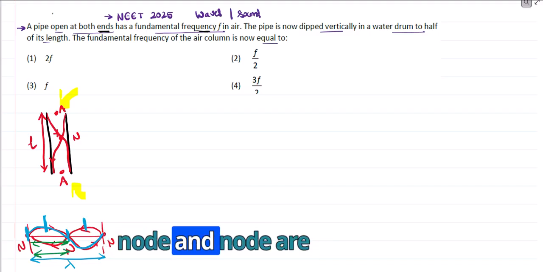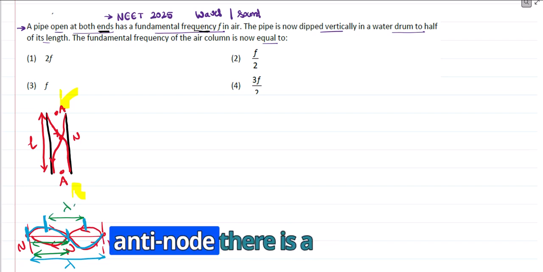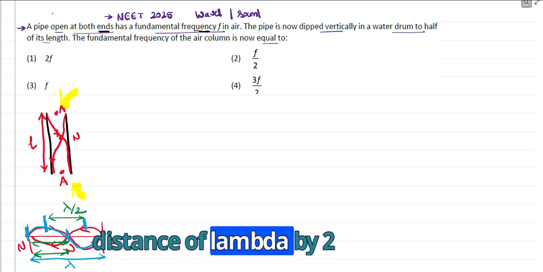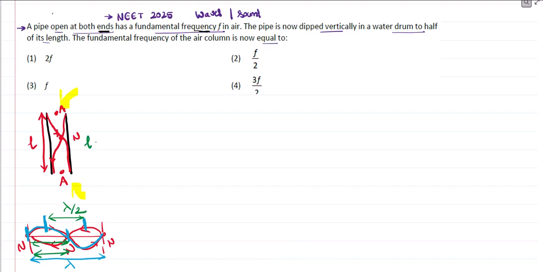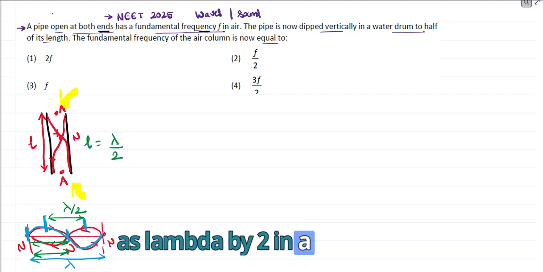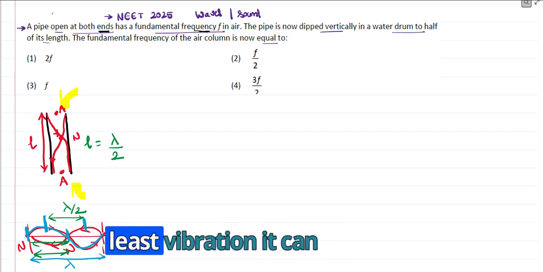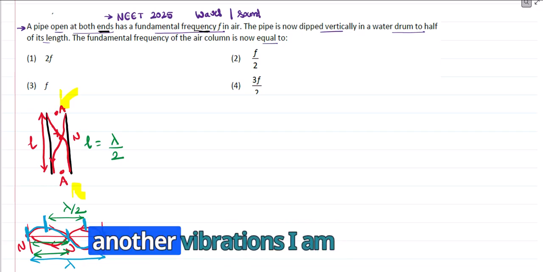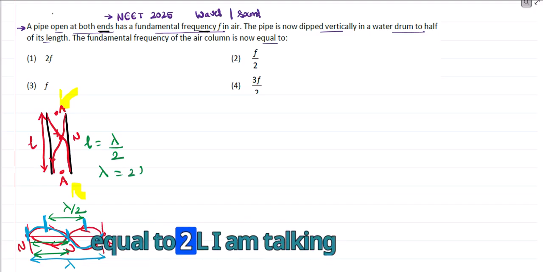So between node and node, or between antinode and antinode, there is a distance of lambda by 2. So the entire length is lambda by 2 in the fundamental mode of vibration, the basic mode of vibration. This is the least vibration that can happen. There could be other vibrations, I am not going into that here. Then lambda equals 2L.